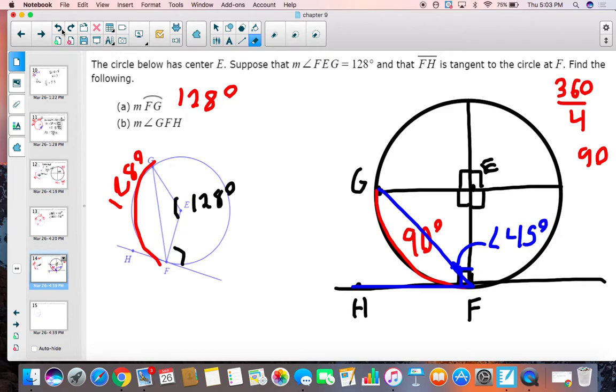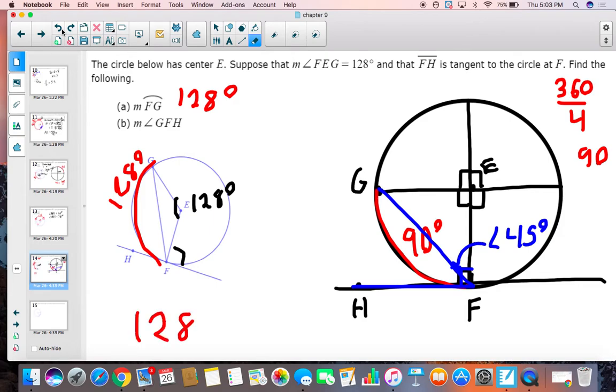Well, we have a chord, and we have a tangent, and we know that this arc is 128. And remember, the tangent and the chord angle is equal to half of the intercepted arc. If the intercepted arc was 128, then we can take 128, divide that by 2.